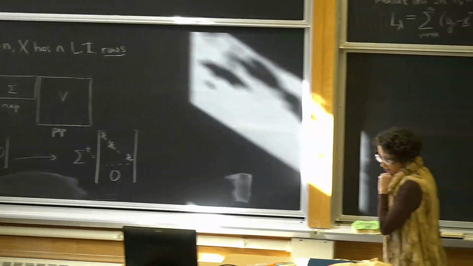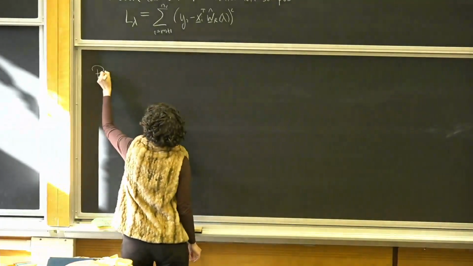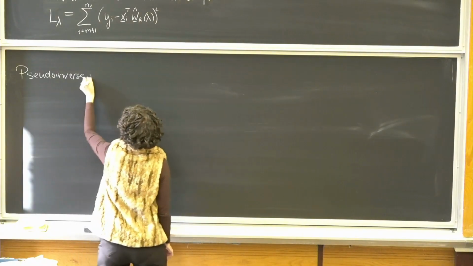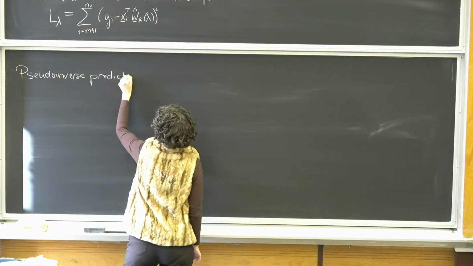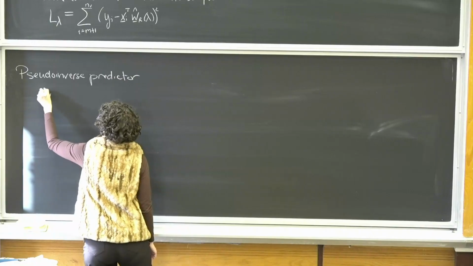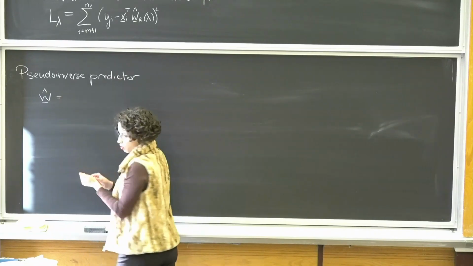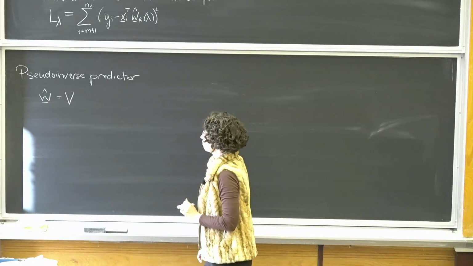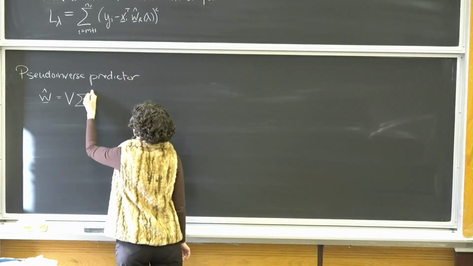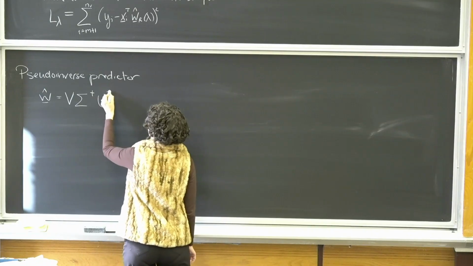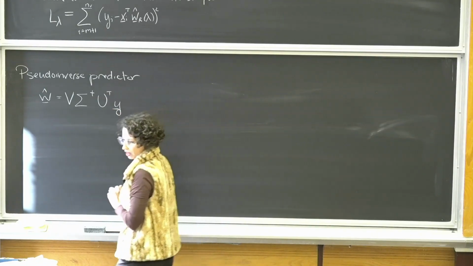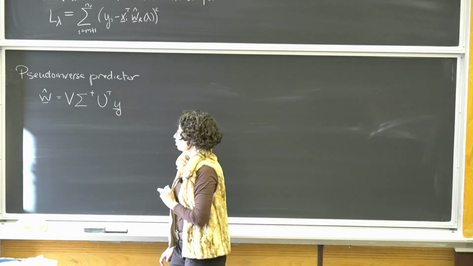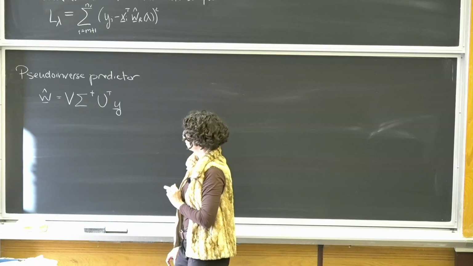So specifically, I'm going to say that my pseudo-inverse predictor, W hat, is going to correspond to taking this V matrix times sigma pseudo-inverse times U transpose times Y. So I want to say a couple of things here.